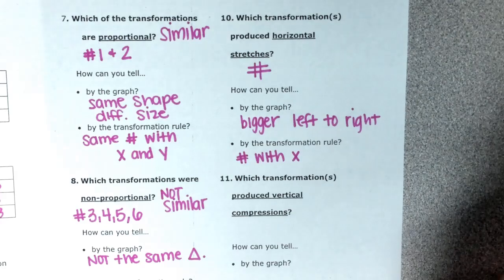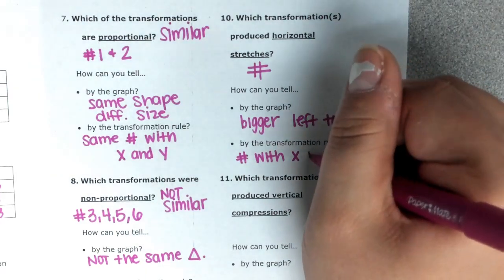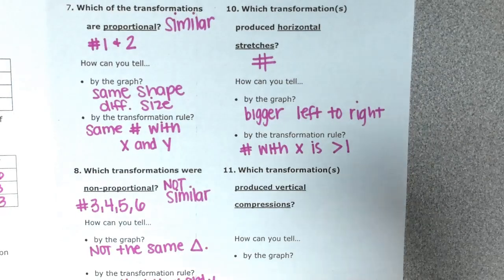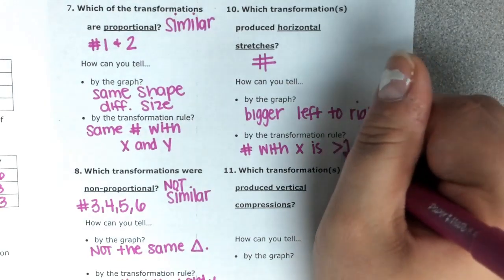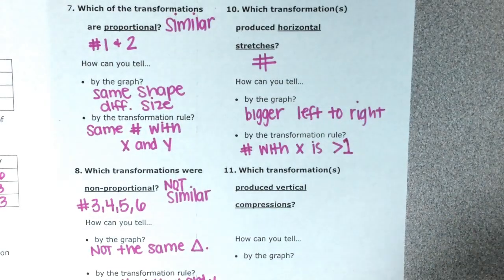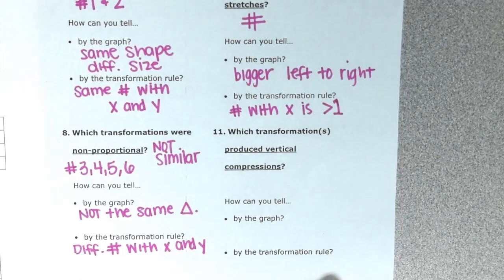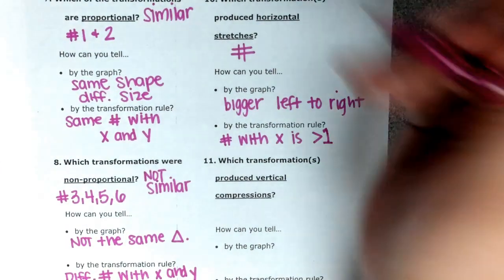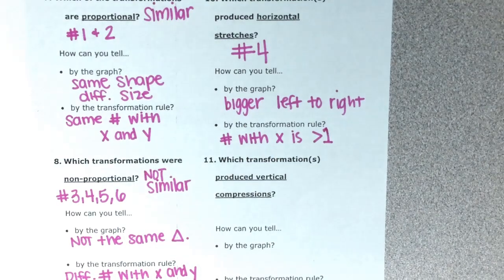The number with x, and stretch is going to be bigger than 1. Oh, what number was that? Number 4, thank you. I forgot to write a 4 up there.